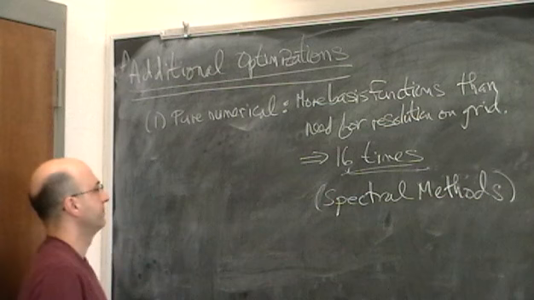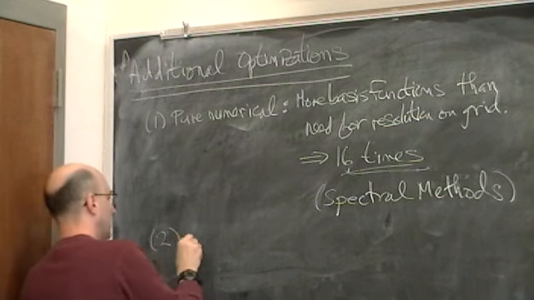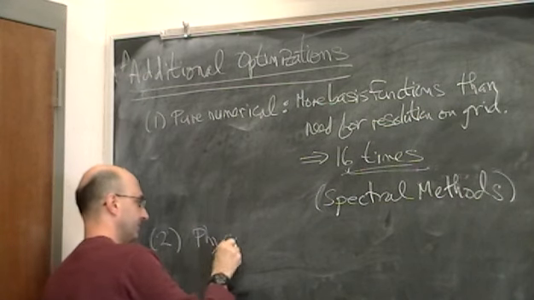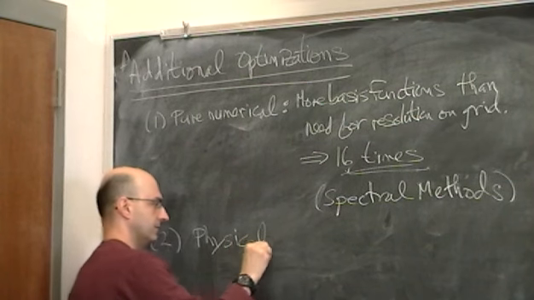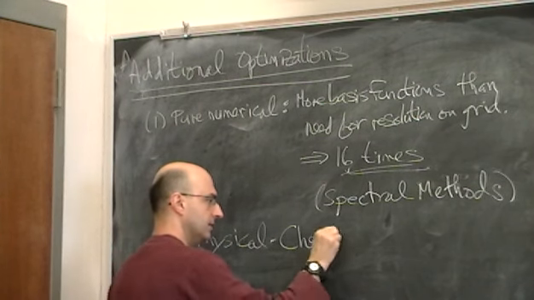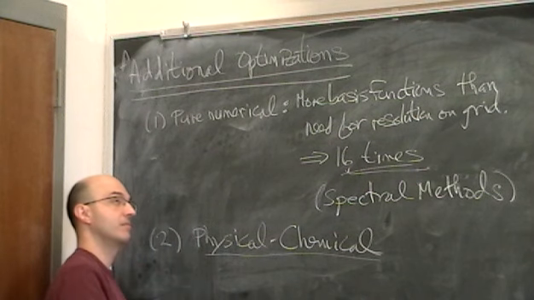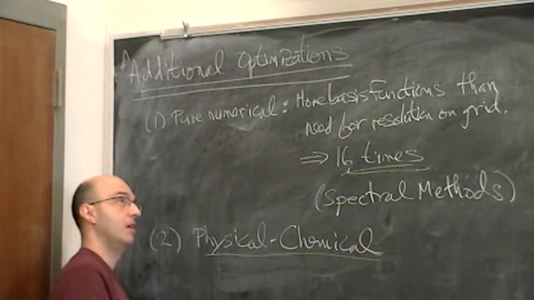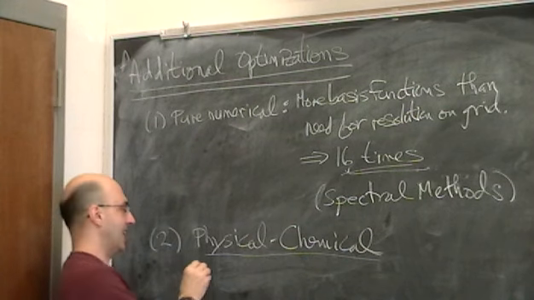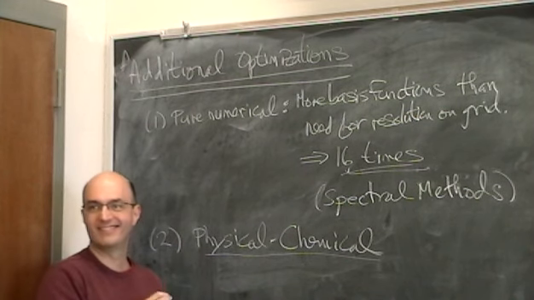But that's purely numerical. The second one is more physical chemical. Oh, I undersold it, actually. Oh, there's another factor of 8. We're going to get 4 million.